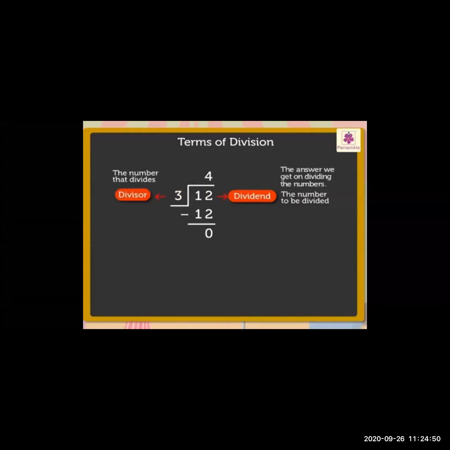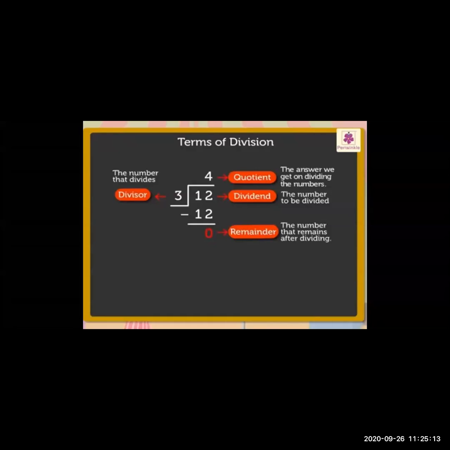The answer that we get on dividing the numbers is called the quotient. Here, the number 4 is the quotient. The number that remains after dividing is called the remainder. Here, the number 0 is the remainder.